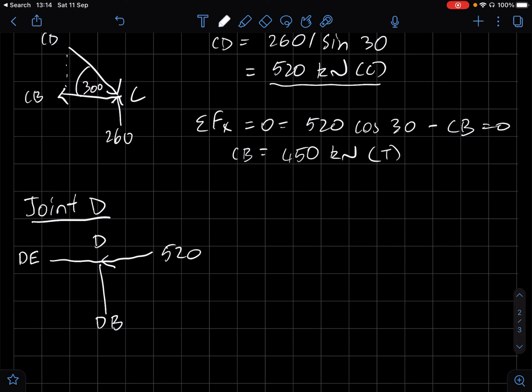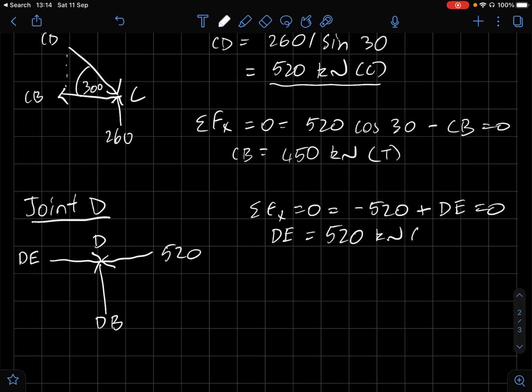Okay, so sum of the forces in the X equals 0, negative 520 plus DE equals 0, so DE, process of elimination, 520 kilonewtons, also in compression.